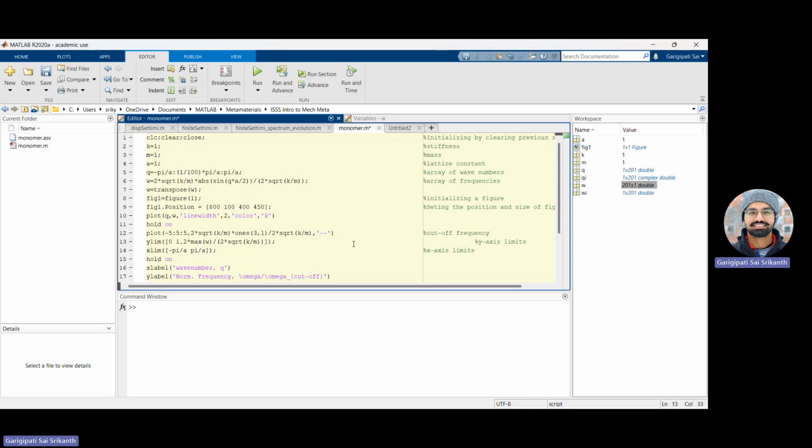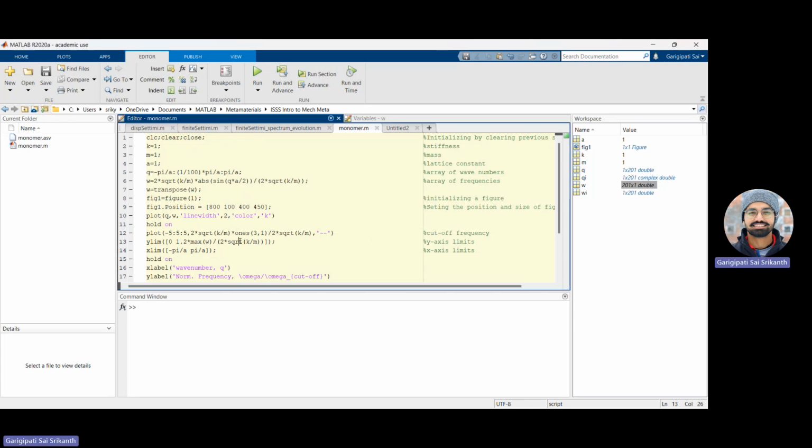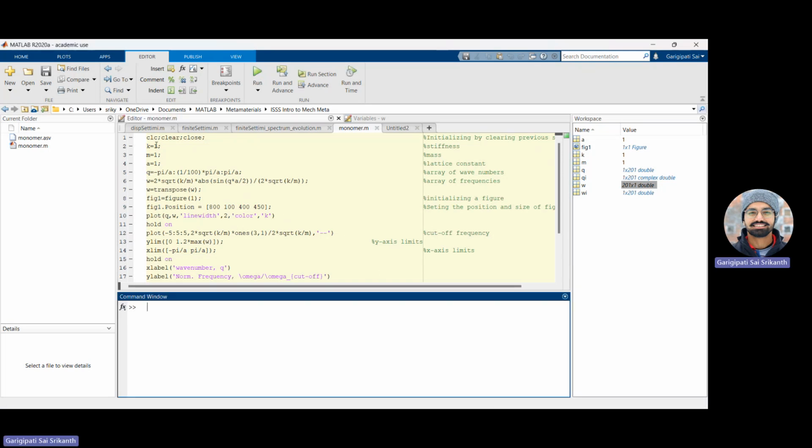I forgot. These things happen. W is already normalized. I think we don't need normalization. Yeah, I was wrong. This is fine.